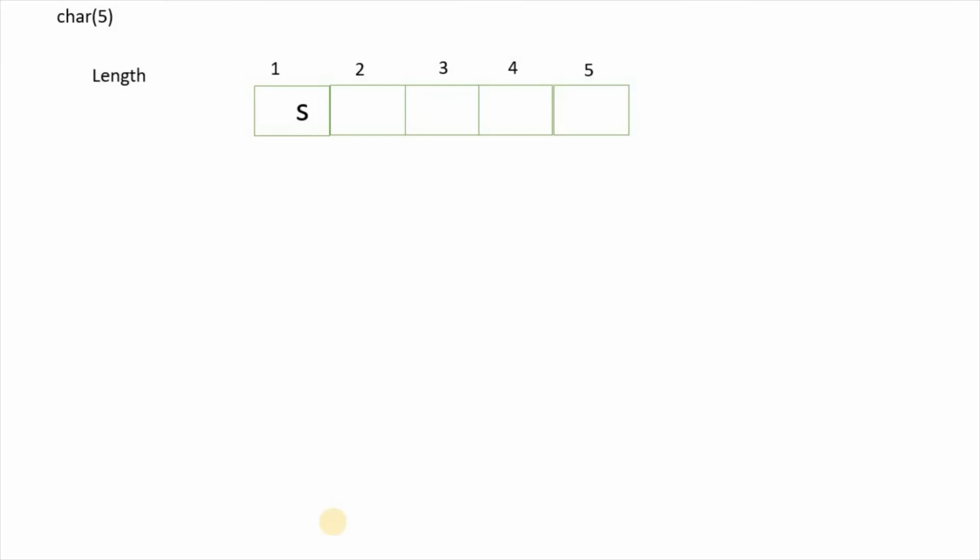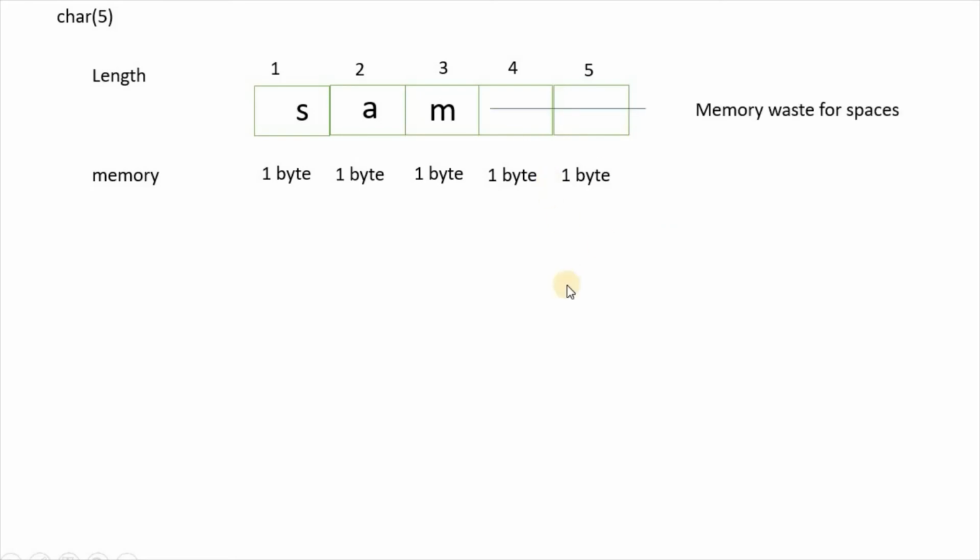The string is Sam, so the characters are 3. But for Sam, it is utilizing 1 byte for S, 1 byte for A, 1 byte for M, 1 byte for a space, and 1 byte for another space. So for two spaces also memory is utilized. This is the wastage of memory for two spaces.